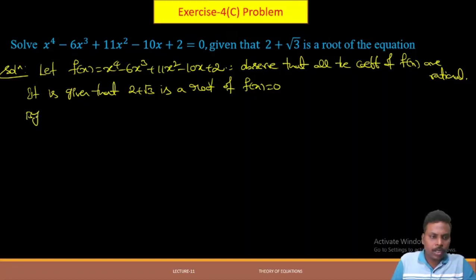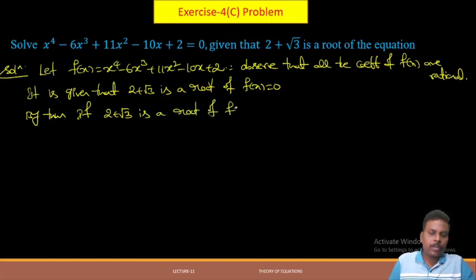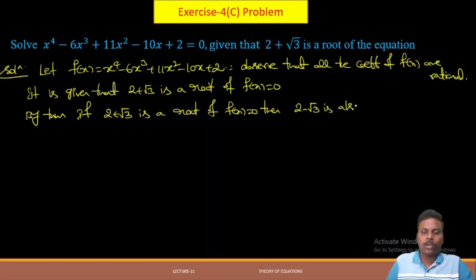So by a theorem we have studied, if 2 plus root 3 is a root of f of x is equal to 0, then 2 minus root 3 is also a root of f of x is equal to 0.